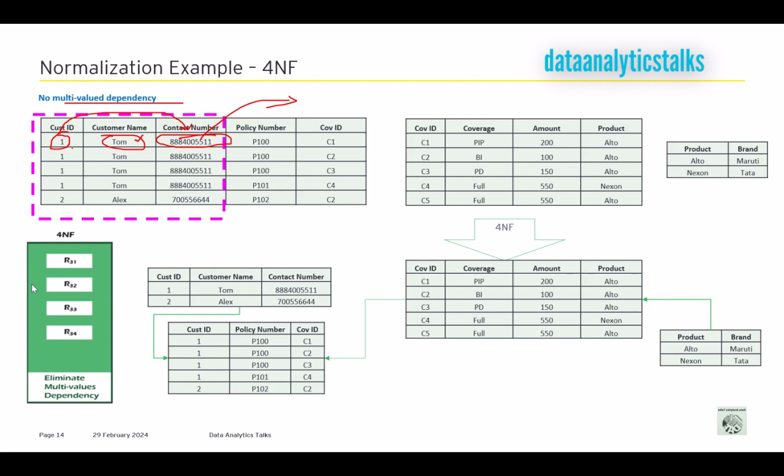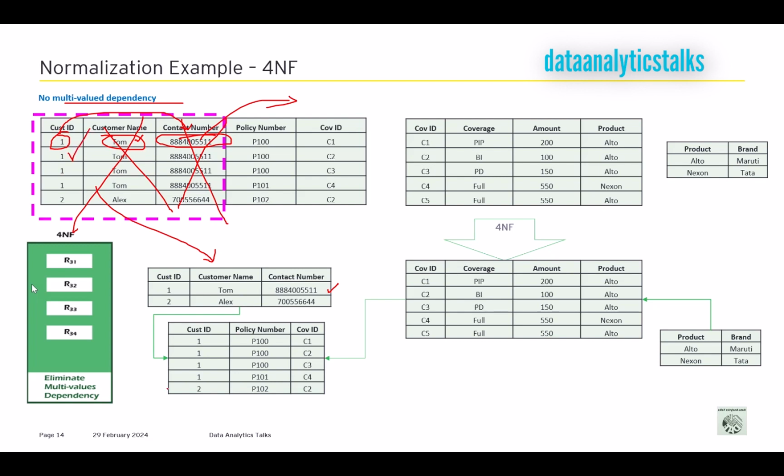So how are we removing that multi-value dependency? In that case, we can move this into a separate table. Then you can see customer ID, then customer name, then contact number. So we will remove customer name and customer contact number from this table, and we will only maintain the customer ID.